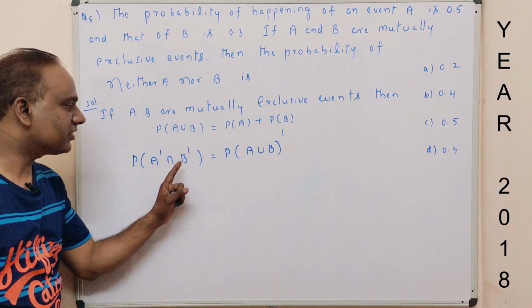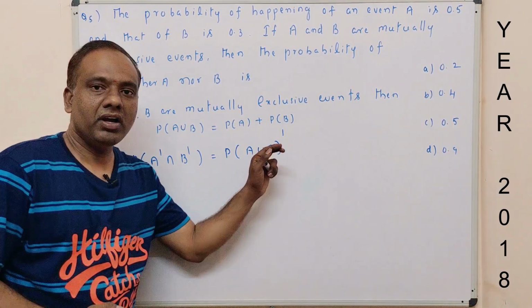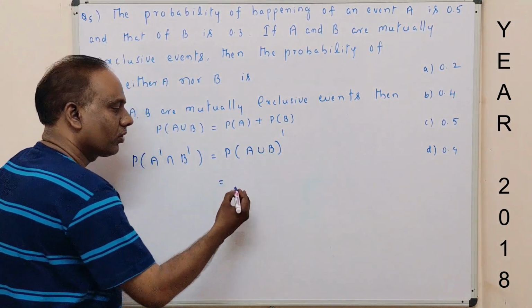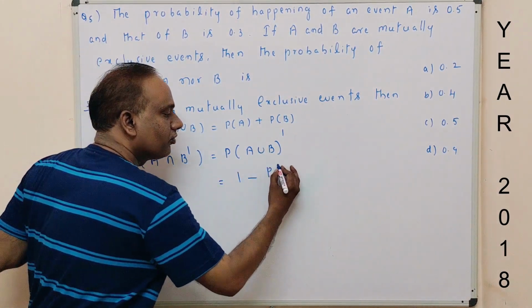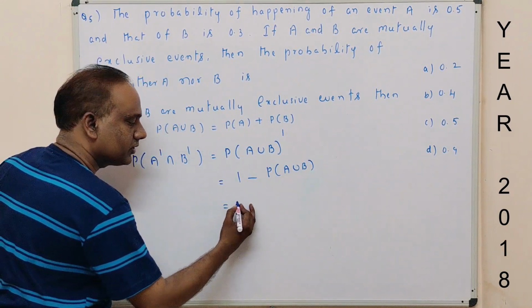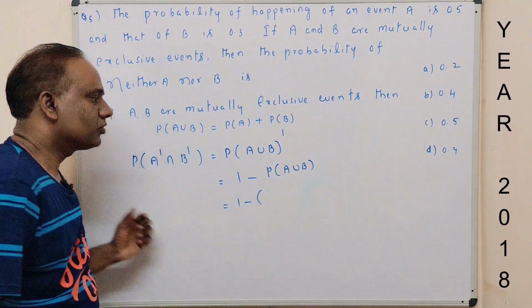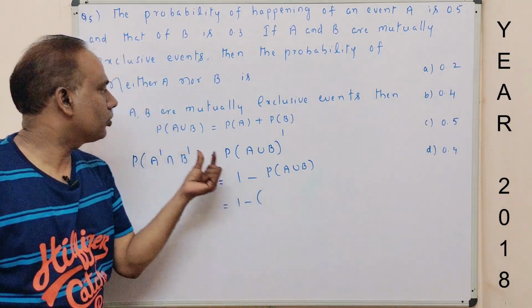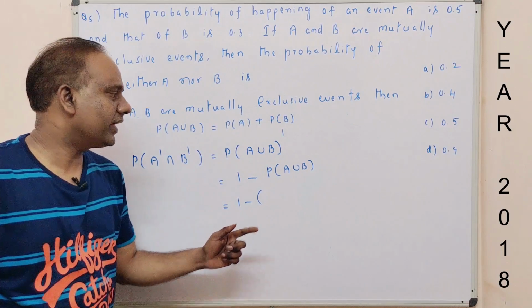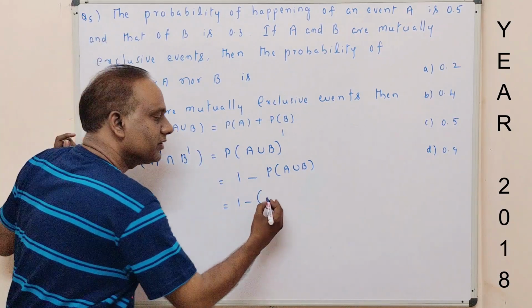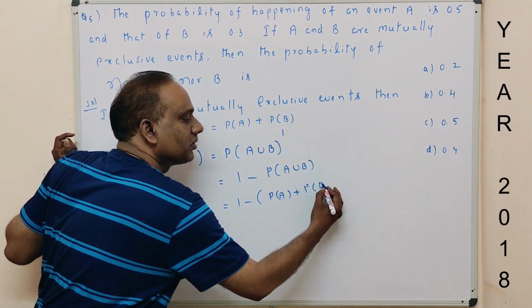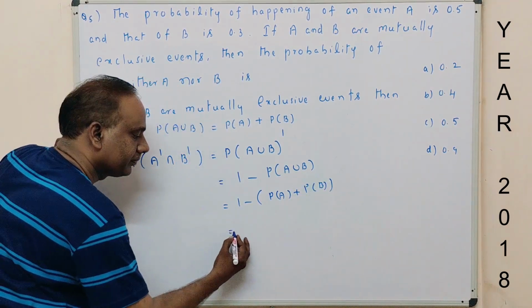P of A dash intersection B dash is equal to P of A union B whole dash. This is equal to 1 minus P of A union B. Here A, B are mutually exclusive, that's why P of A union B is equal to P of A plus P of B.